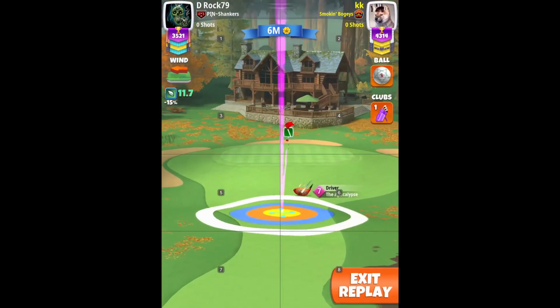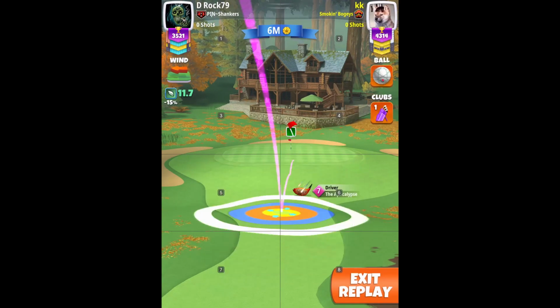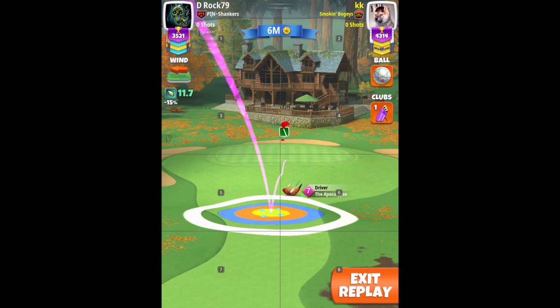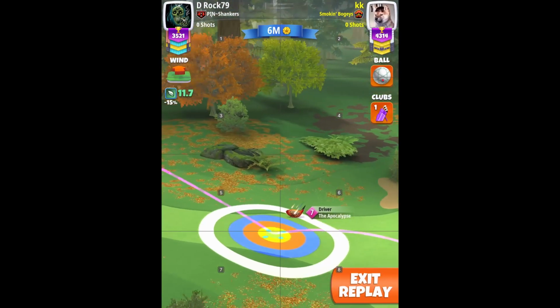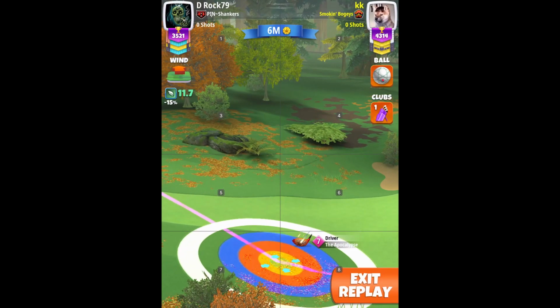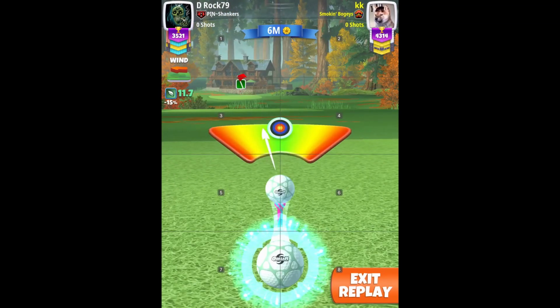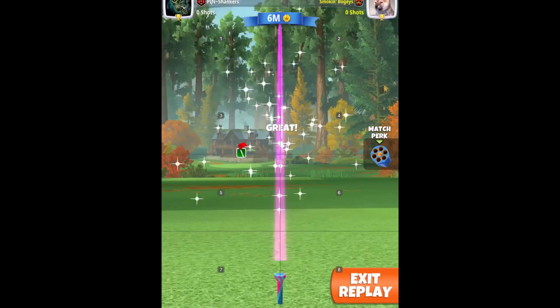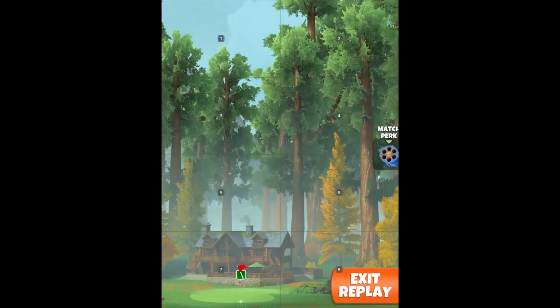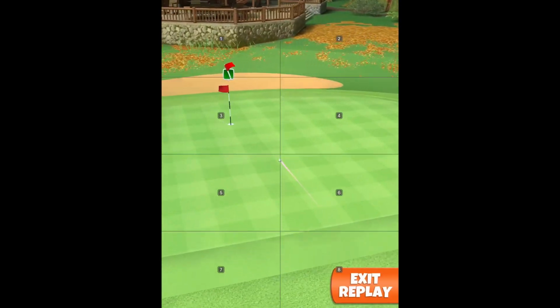I'm doing about 4.9 backspin and about half a bar of right spin, plus 5% minimum, another great right. I apologize for the great rights. I do. I apologize.